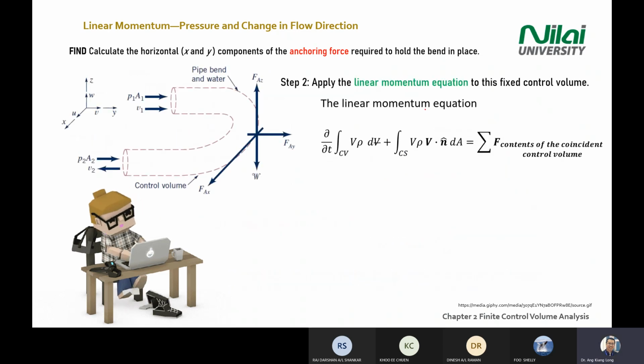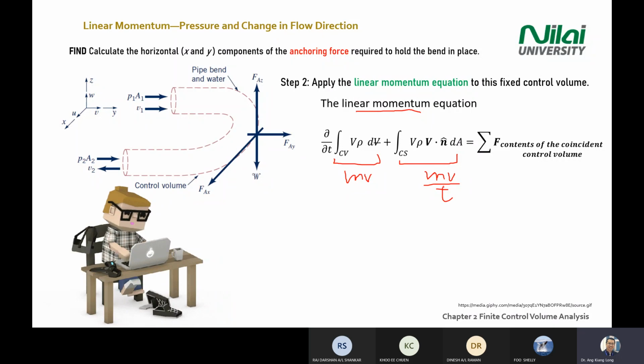So you will use the linear momentum. Again, linear momentum, don't confuse it with the continuity equation. We are looking at linear momentum. So we're still looking at mv divided by t. This one is mv divided by t, and this one gives you forces.